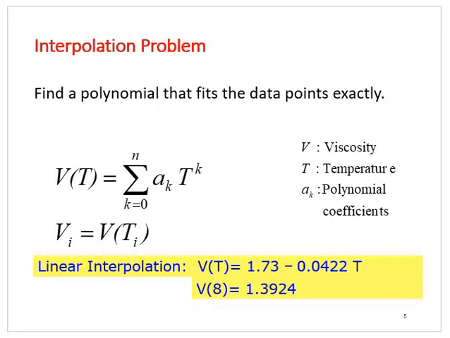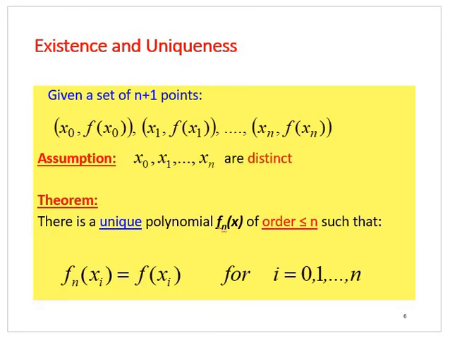We would want to fit that curve using the given data set on the previous slide. That will give us a linear fit, a line of this form, and then we can use this line to approximate for t equals 8. So that's the concept of how we want to use this method.